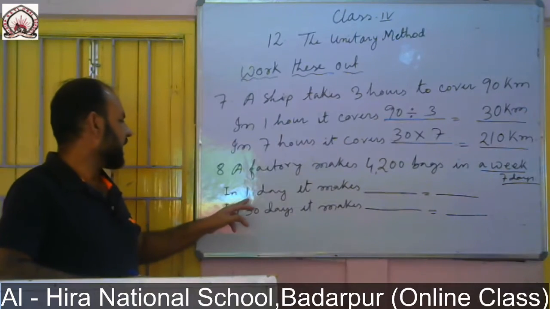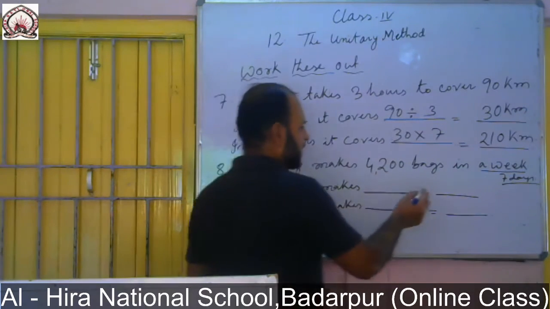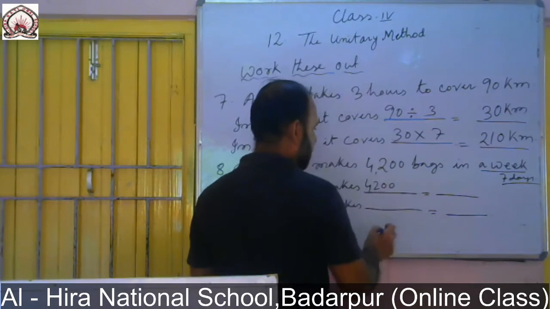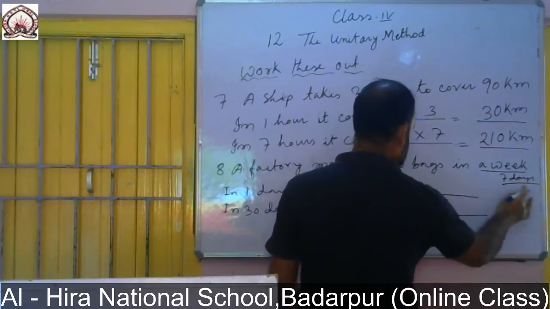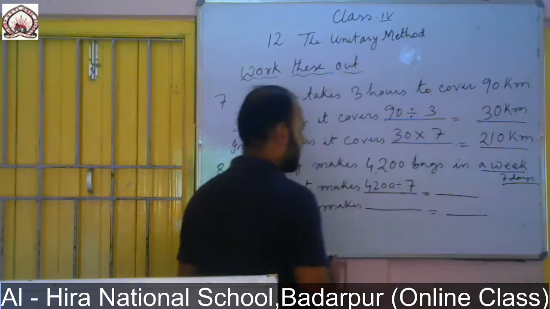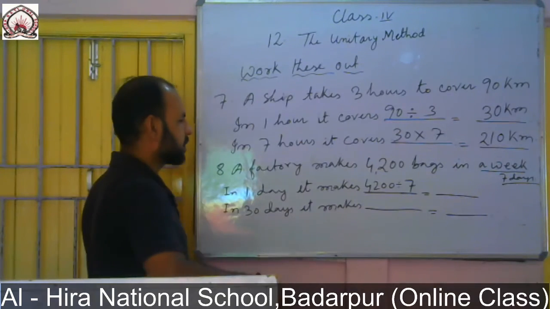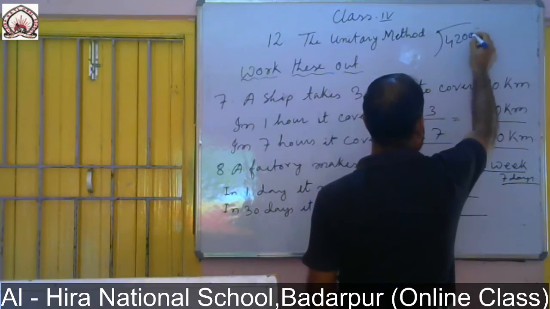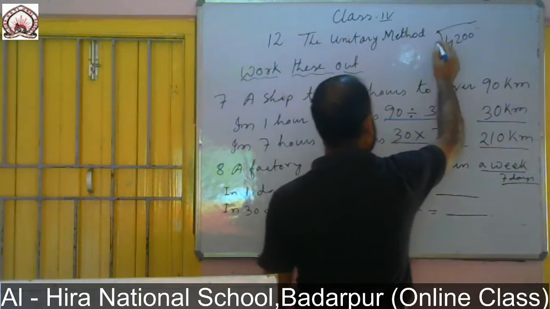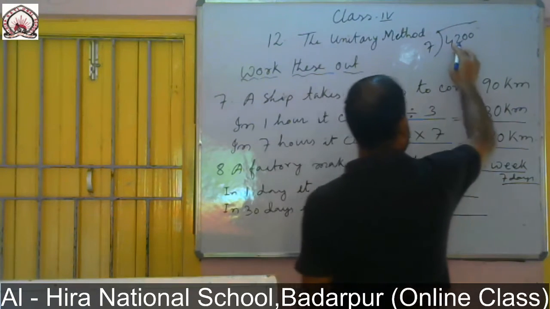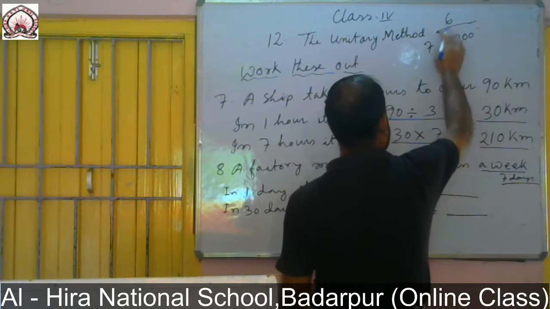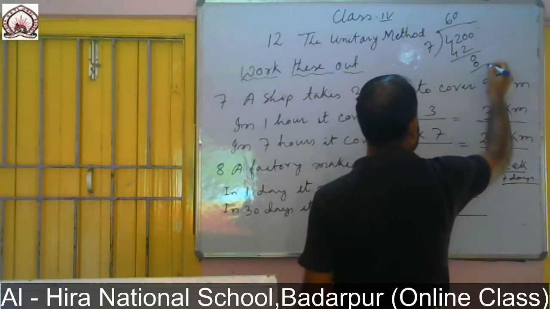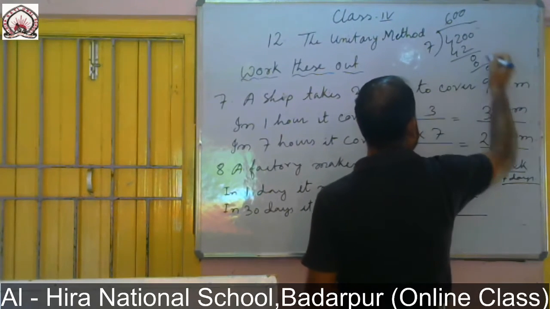So in one day it makes, so here 4,200 divided by 7, since in a week means 7 days. 4,200 divided by 7: 7 sixes are 42, remain 0, 7 zeros are 0, remain 0, again 7 zeros are 0.